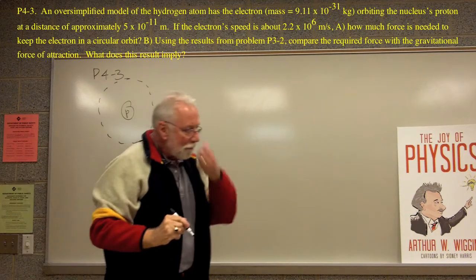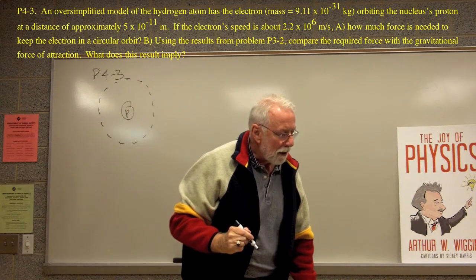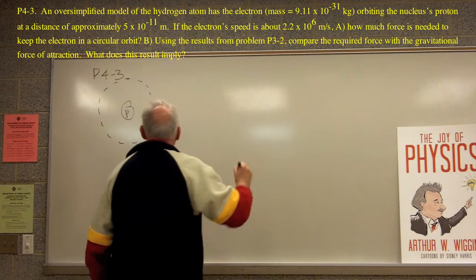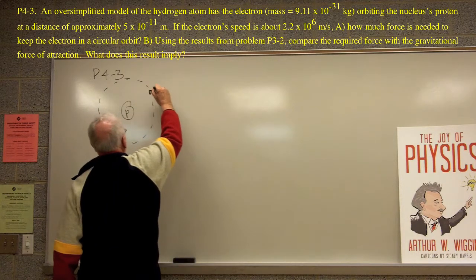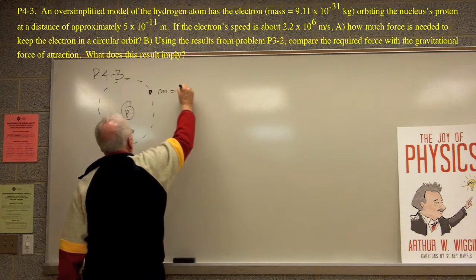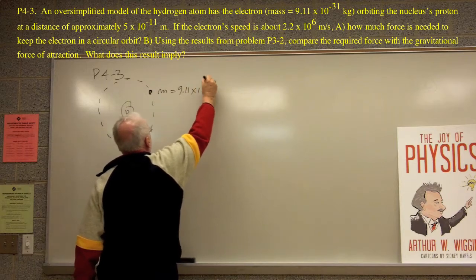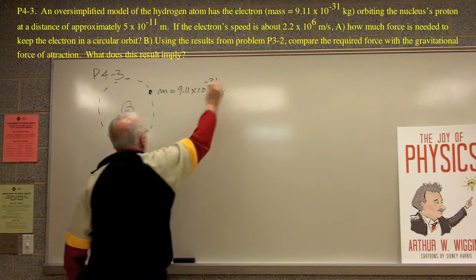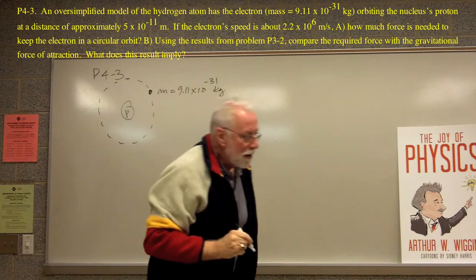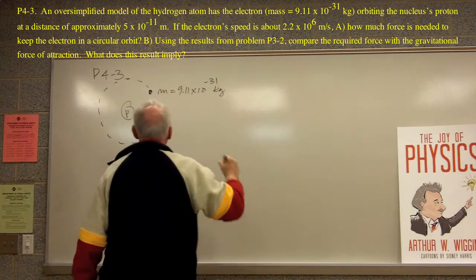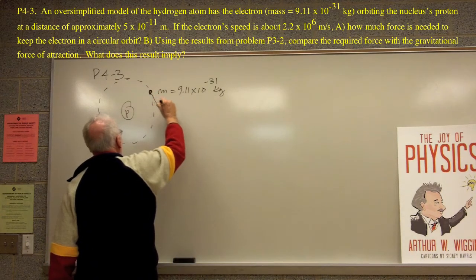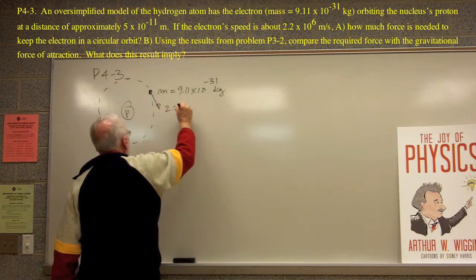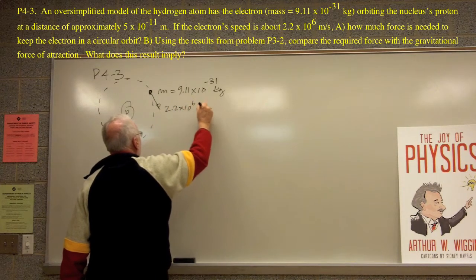Now, according to this, the electron has a mass of 9.11 times 10 to the minus 31 kilograms. And the electron also is moving at a speed of 2.2 times 10 to the 6 meters per second.